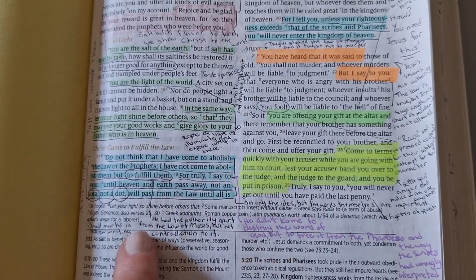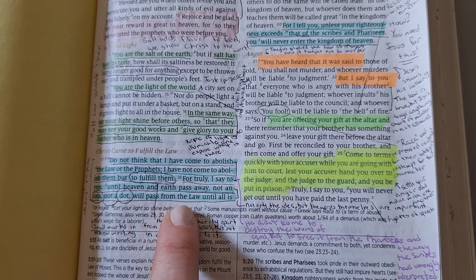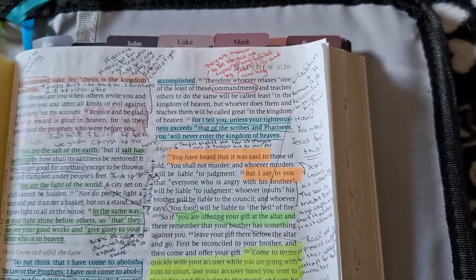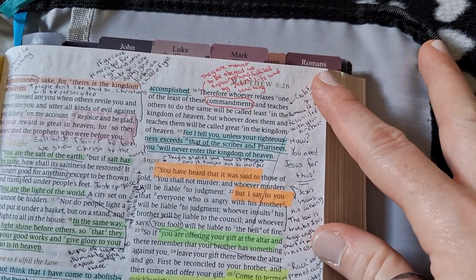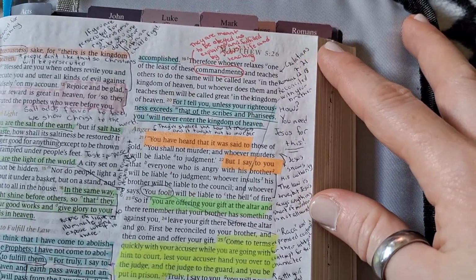So not only the ideas, but the words themselves are important. Then we get into the commandments, how they are meant to be obeyed, as explained and fulfilled by Jesus' life and teachings.